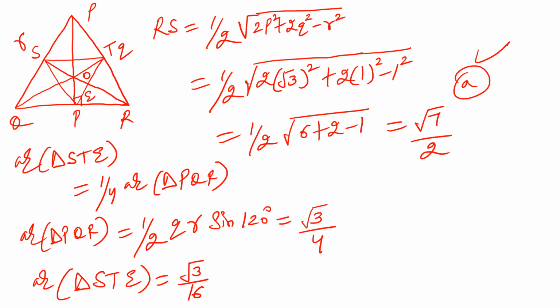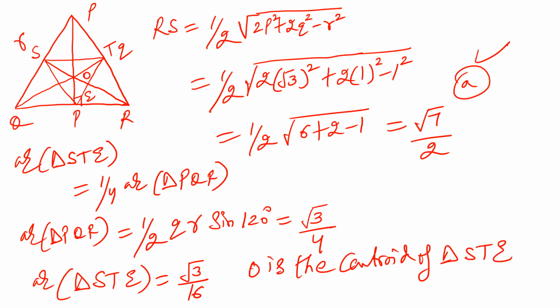Fine. Now at this stage, I will be using some more basic facts. The first fact is that the centroid of triangle STE will be same as centroid of triangle PQR. That means I can say O is the centroid of triangle STE. Right? And another fact is that centroid divides any triangle into 3 equal parts area wise.